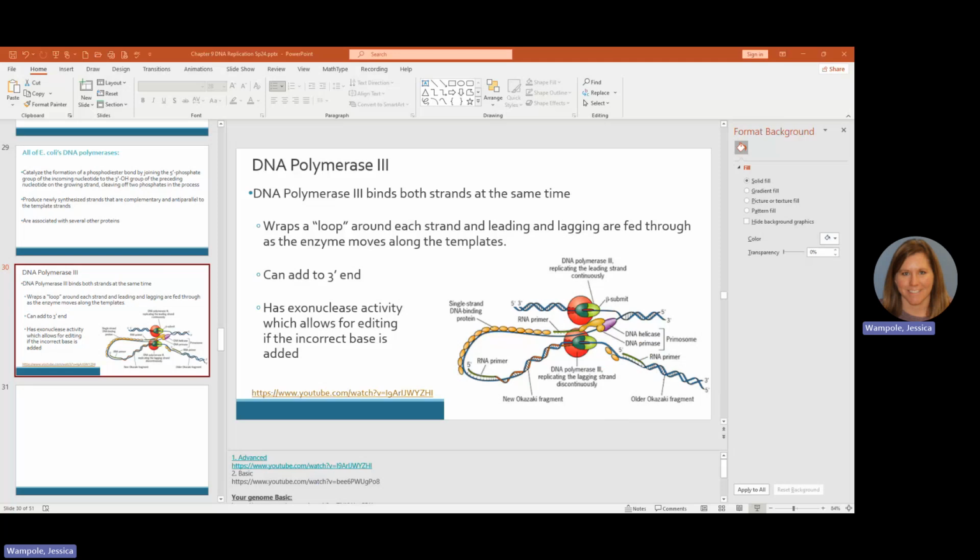So we get this little loop at the end on one side so that the polymerase can physically move in the same direction on both strands, even though the lagging strand is actually being made in the opposite direction.